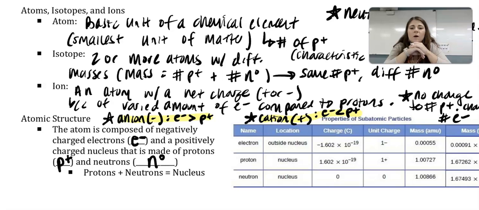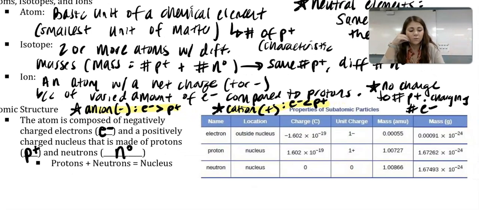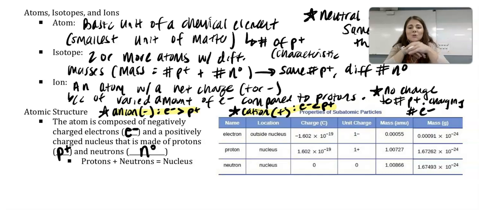Remember, inside the nucleus of an atom, we'll have our protons and neutrons, and then outside of it will be our electrons, okay? You can see by this chart right here, indicating where these subatomic particles are found. It then talks about charge. It then talks about mass, which is in AMU, which stands for atomic mass units.